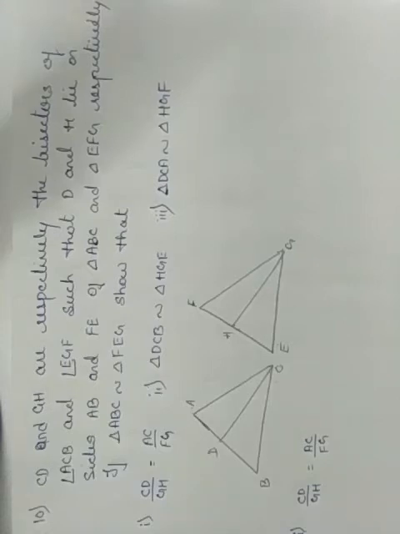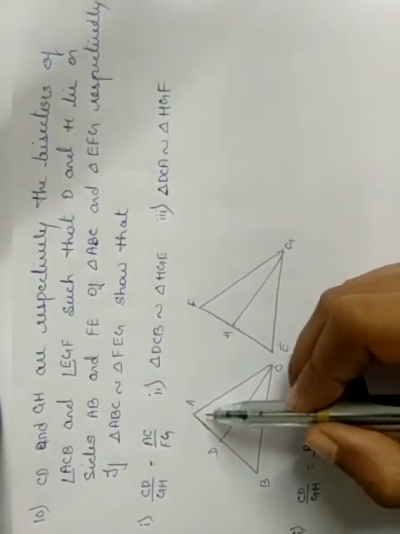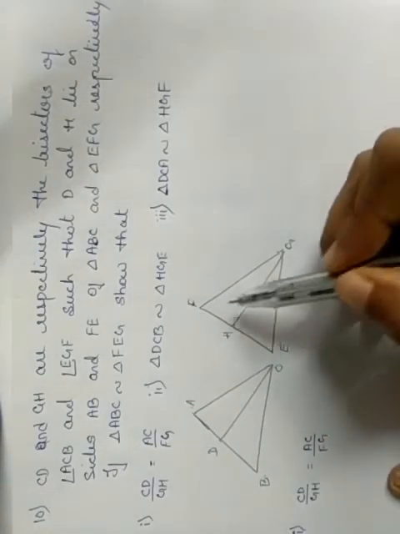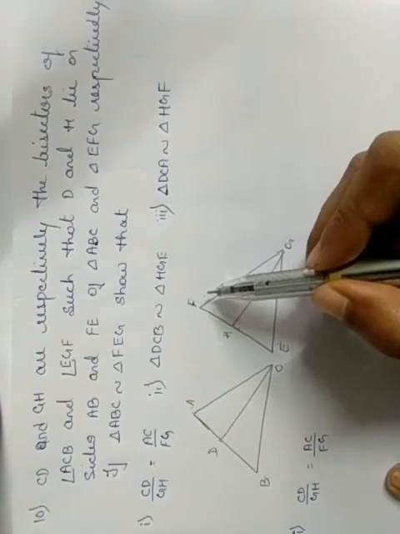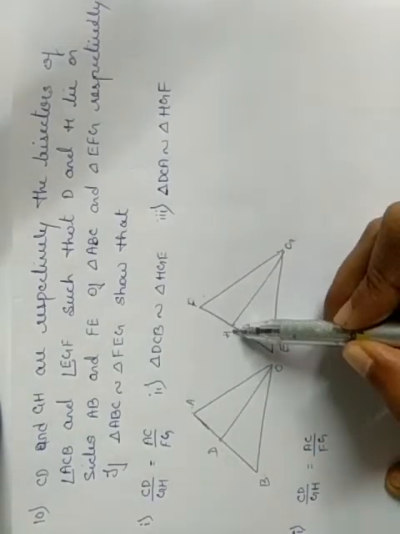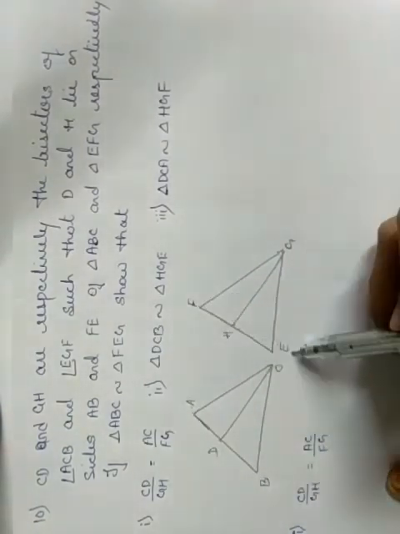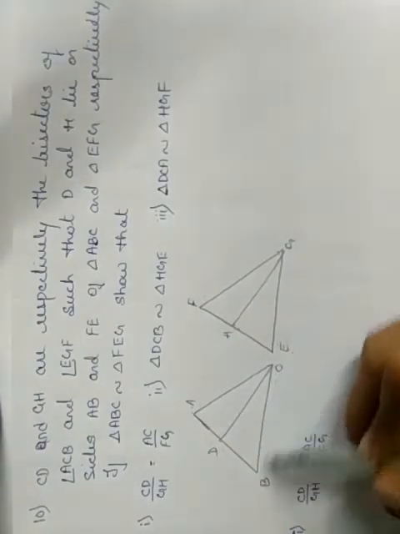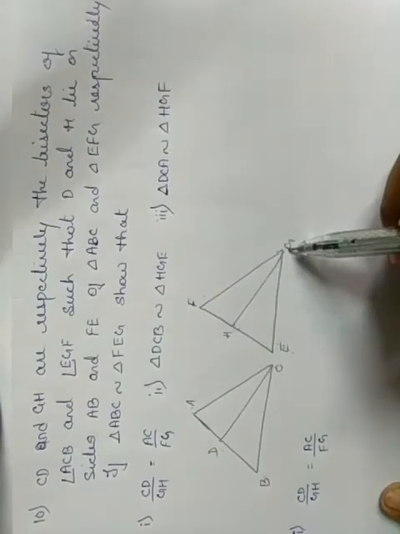Good morning students. In today's video, we'll continue exercise 2.3, 10th problem. CD and GH are respectively the bisectors of angle ACB and angle EGF such that D and H lie on the sides AB and FE of triangles ABC and EFG respectively.